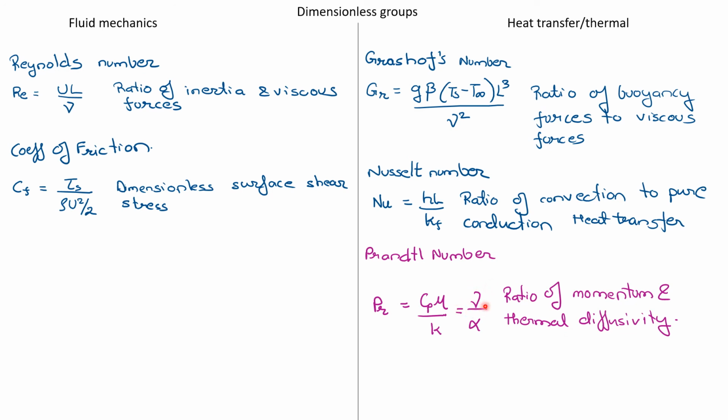For fluid mechanics, you know that the viscosity of the fluid allows the fluid to diffuse momentum. Similarly, alpha is the thermal diffusivity of a solid or a fluid, and it allows the temperature to diffuse within a particular control volume or body. So the Prandtl number is nothing but the ratio of momentum and thermal diffusivities.